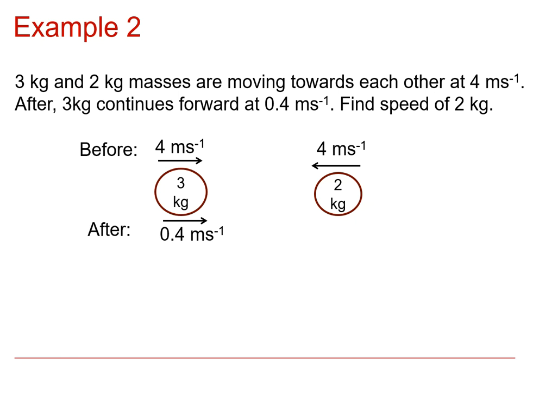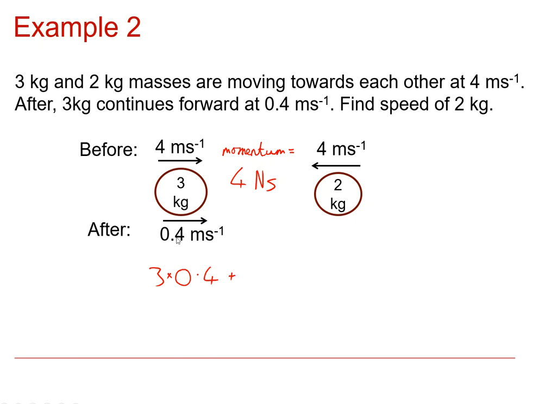So the initial setup is exactly the same as it was before, and so we know that the total momentum before the collision is 4 Newton seconds, and after the collision the total momentum is the momentum of the 3 kilogram mass, so that's 3 times 0.4, plus the momentum of the 2 kilogram mass.